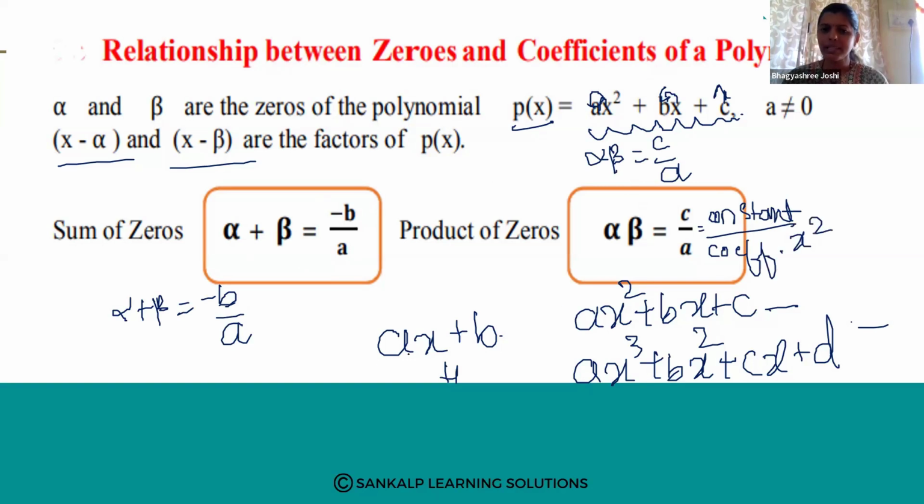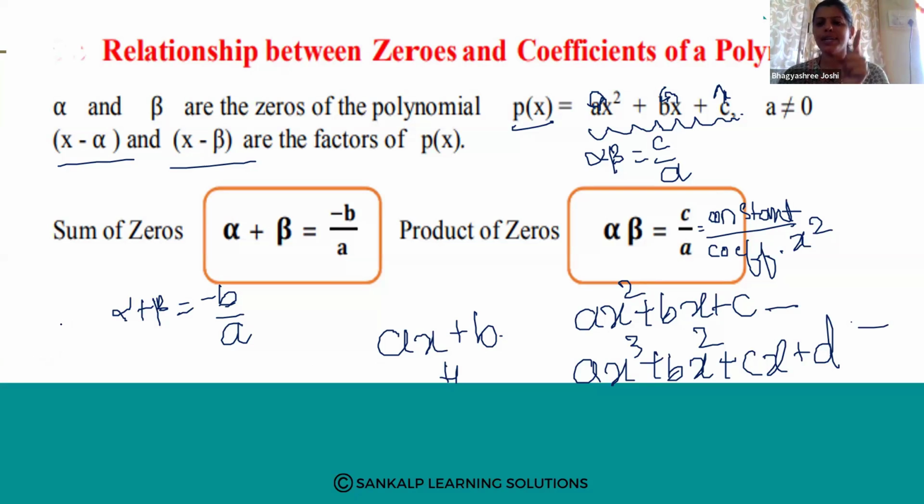Okay. Then the sum of zeros, alpha plus beta: alpha and beta are the roots of the quadratic equation. A quadratic equation has two roots. Roots means zeros. So alpha and beta are the zeros of the quadratic polynomial. For a quadratic polynomial, how many zeros does it have? It has 2 zeros, right?